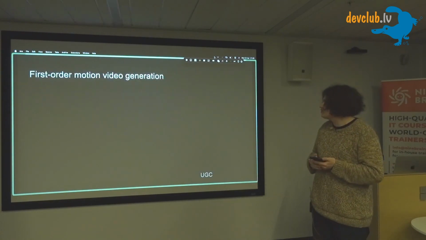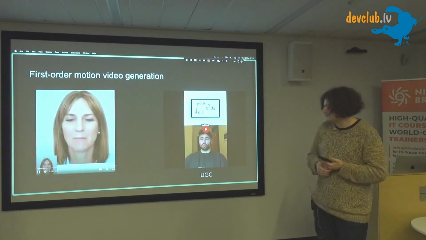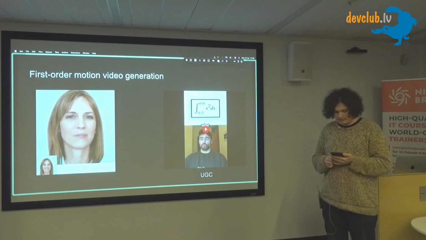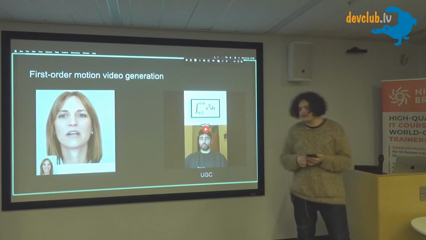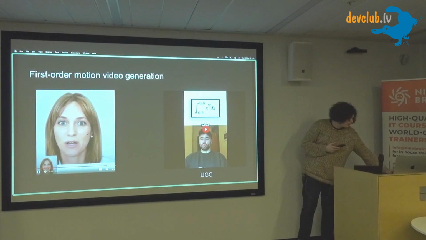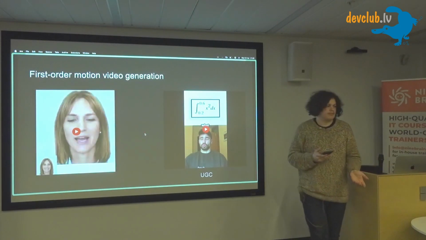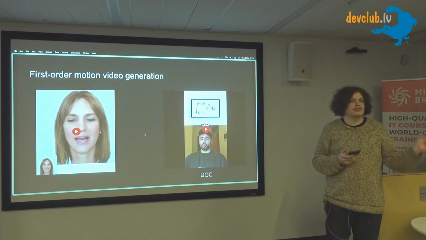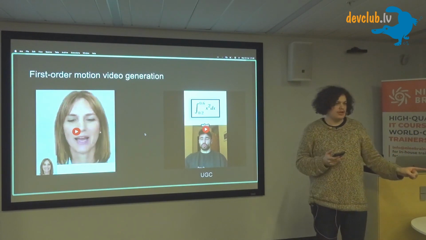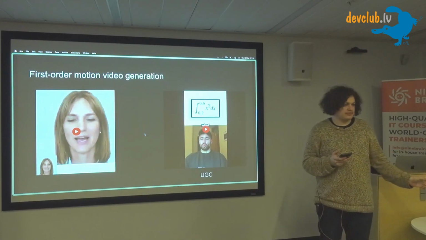So the first one is First Order Motion, and how it's working. Let's see. Okay, so how is this working? Basically, you provide an audio or a text file and an image, and it can animate the image to say the text that was provided.